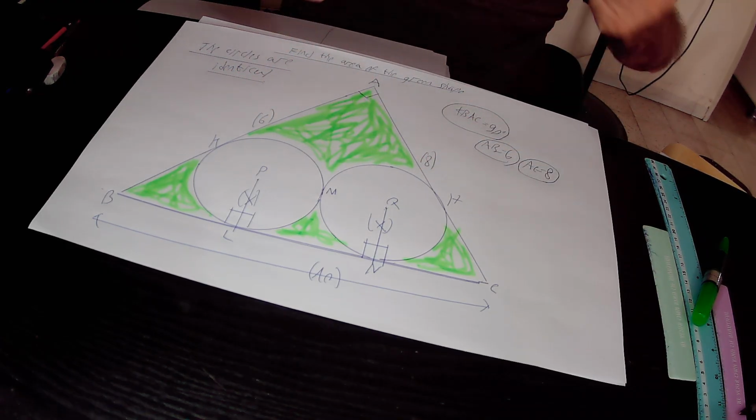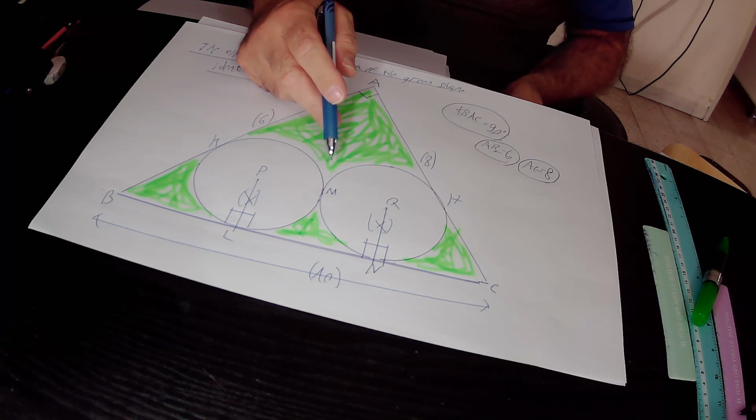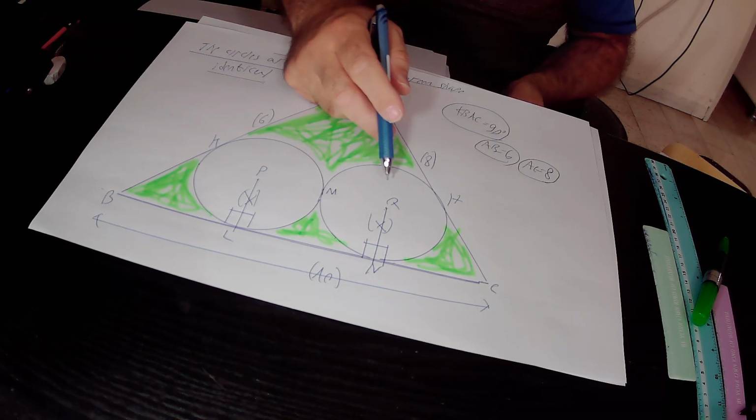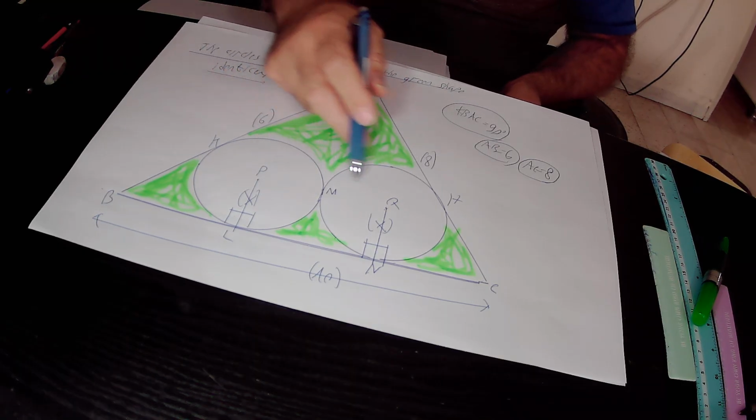And according to rule 10, the straight line PQ must pass through point M, that is their touching point. Or PMQ is one straight line. Again, PMQ is one straight line.